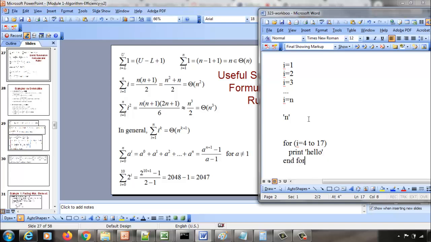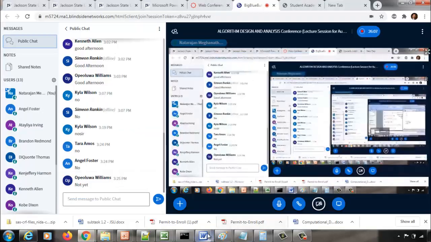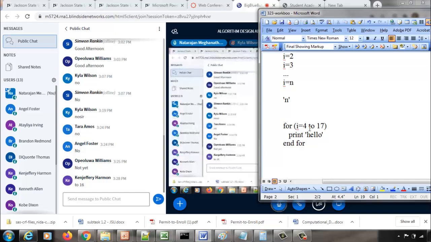Now how many times are you printing the hello? We stop at 17, and we start printing from i equals 4. So when i equals 4, we are printing a hello. Then when i equals 5, you are printing again.